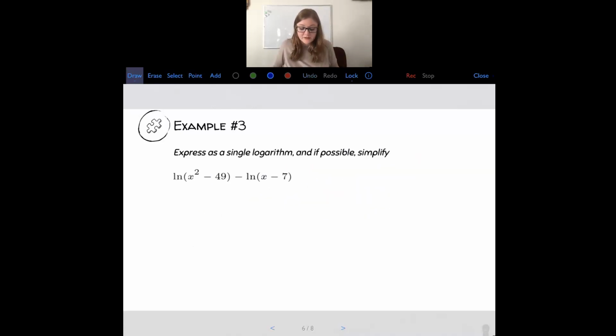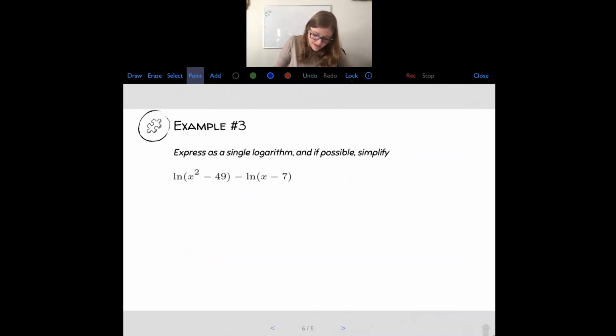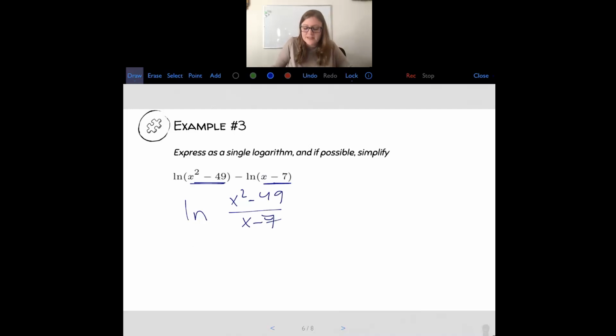Next, express as a single logarithm, and if possible, simplify. Since we have subtraction here, going back to our properties, subtraction corresponds to the quotient rule. Okay, so we would have ln, this is our numerator, and what's being subtracted is our denominator. So we have x squared minus 49 over x minus 7, and the instructions say simplify.